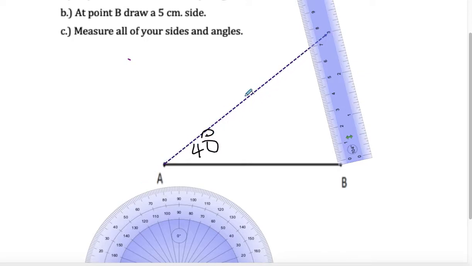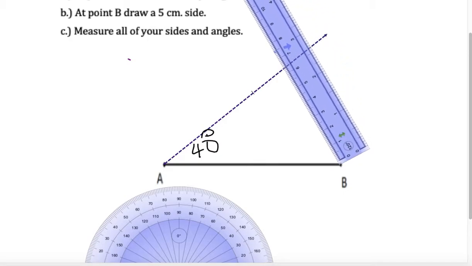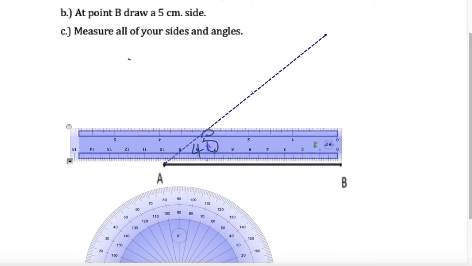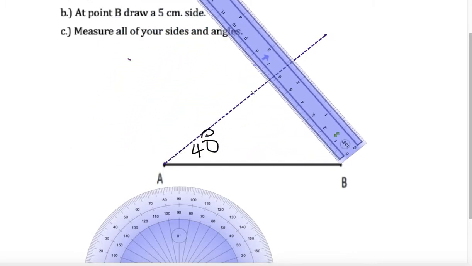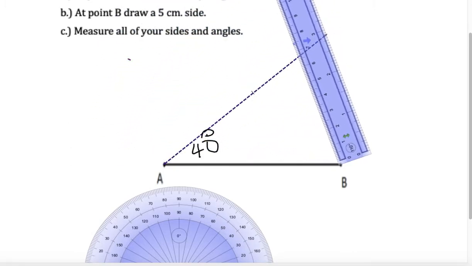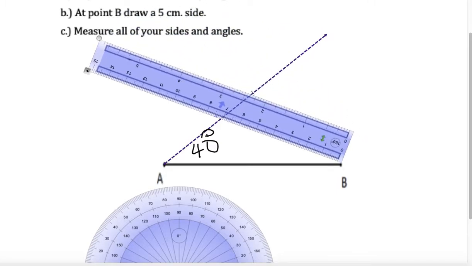We don't know how long this is going to be because the next step is to draw at point B. We want a 5 centimeter side. Okay, and so to create that, you're going to lay your ruler down, and I want you to rotate your ruler and see where you could create a 5 centimeter side.